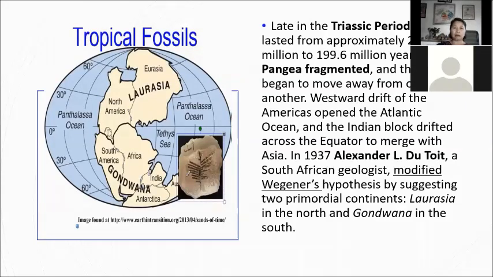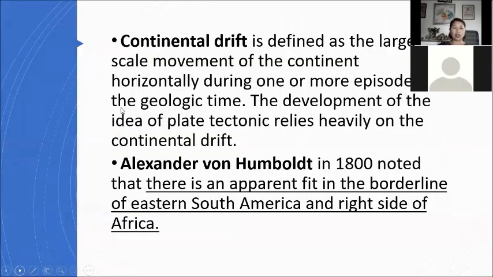So in our map, northern part, Laurasia, consists of Eurasia, North America, and Gondwana, we have South America, Africa, India, and Antarctica. So yan ang modification ni Alexander sa hypothesis ni Wegener. Okay, so modified yung theory ni Wegener.